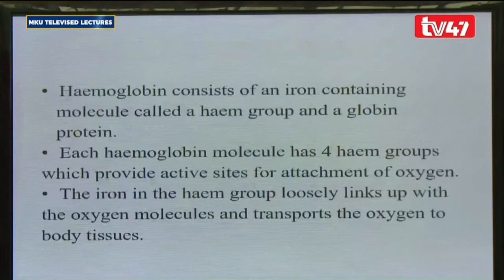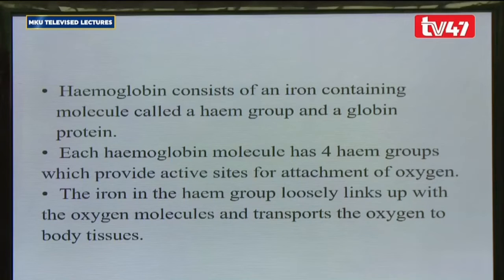Now, hemoglobin consists of a protein that we call a globin protein and what we call a heme group. A heme group is a molecule that contains iron in it. It contains iron in the oxidation state of iron 2. We all know iron is an element with many oxidation states, but the one that we find in the heme group is iron 2.